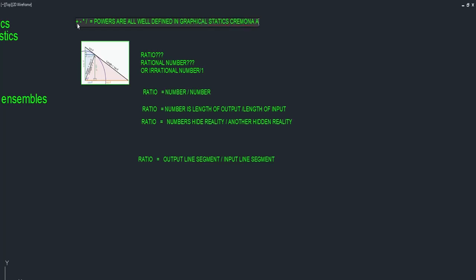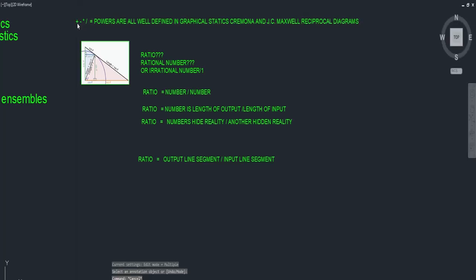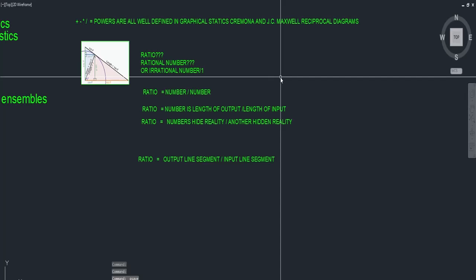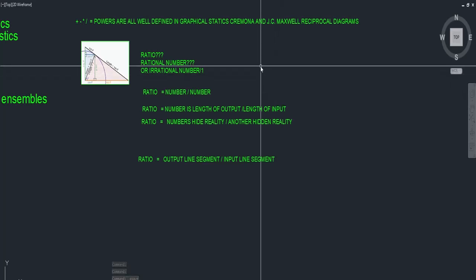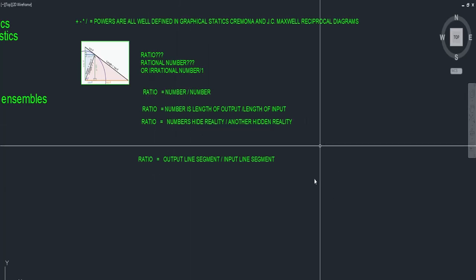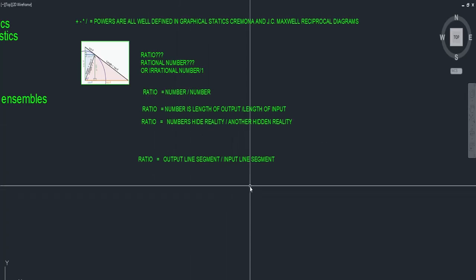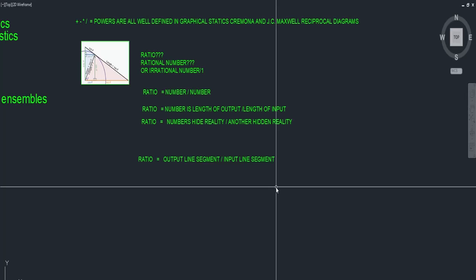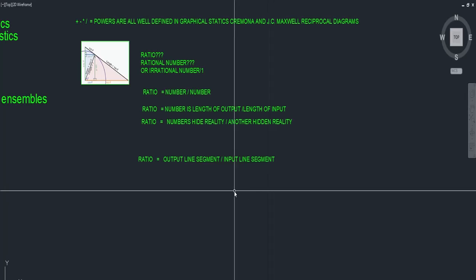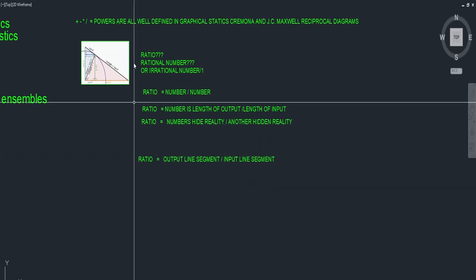Cremona and James Clerk Maxwell gave reciprocal diagrams. Even the matrix method of the Cayley-Hamilton theorem, at the time of 1870 to 1880, was discussed regarding these ratios as the output line segment divided by the input line segment, and the concept of vector was generated on the basis of this.